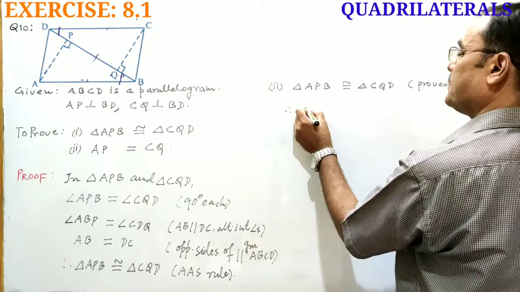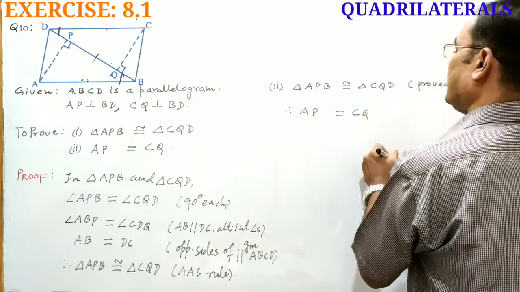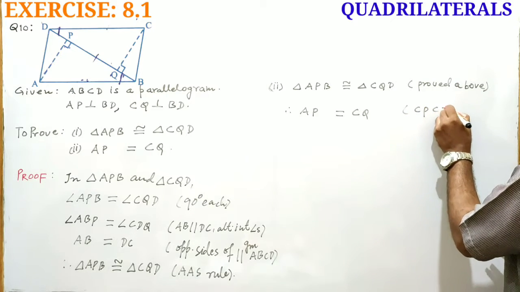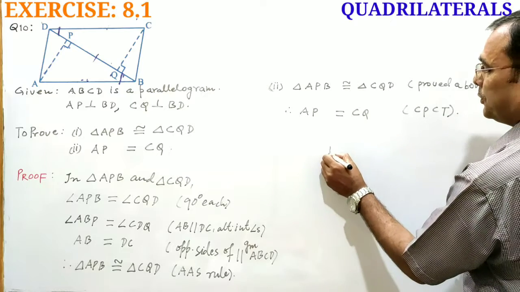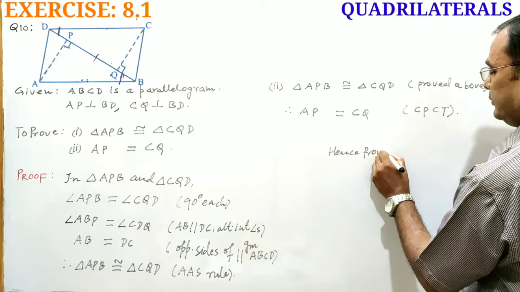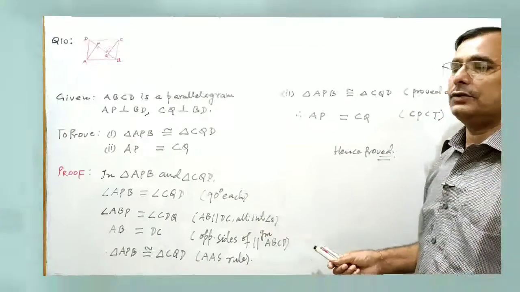Therefore, AP is equal to CQ by CPCT. Hence proved. This is the proof of question number 10.